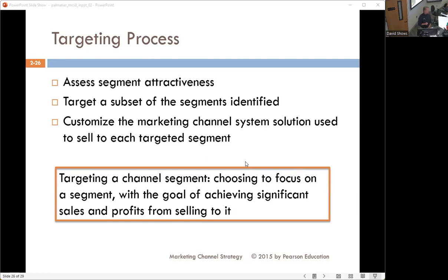And so targeting is the exact same thing as if we were talking about principles. It's choosing to focus on a segment with the goal of achieving significant sales and profits by selling directly to it. Mass General Store does an excellent job in targeting their particular individuals who come into the town, and their online store does the exact same thing.